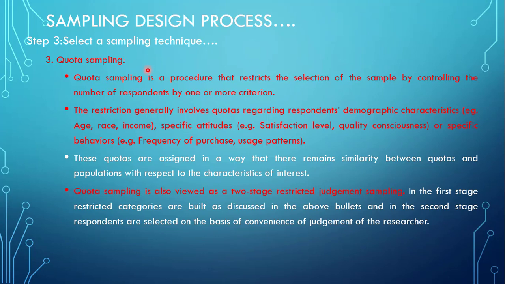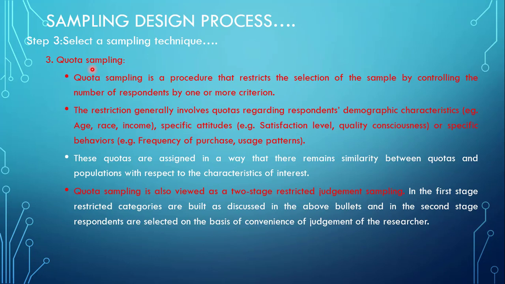The third is known as quota sampling. When you say quota sampling, it is a procedure by which the researcher controls the number of respondents at a specific area or with specific criteria.